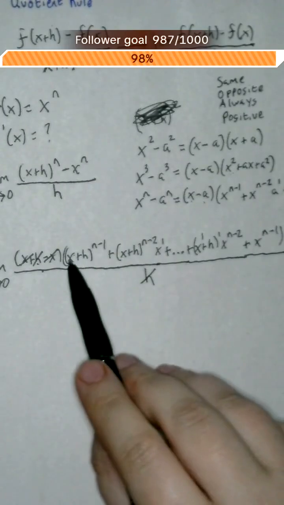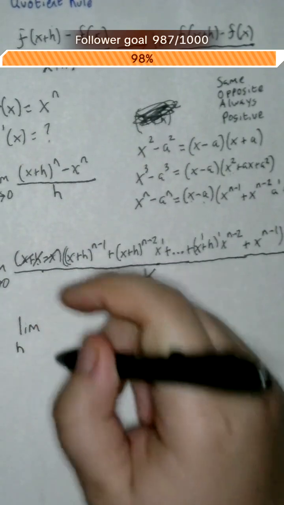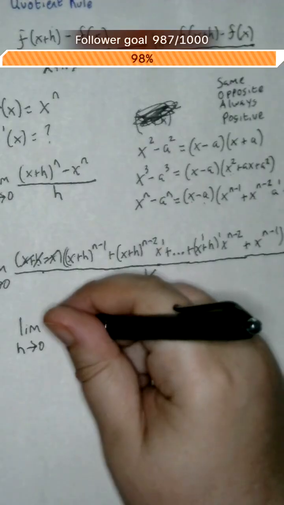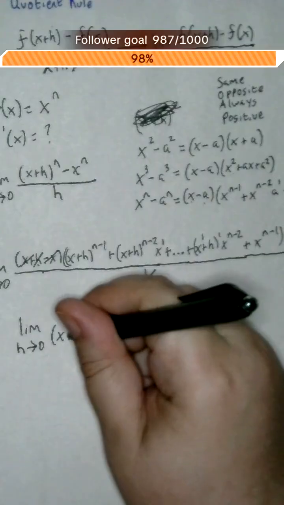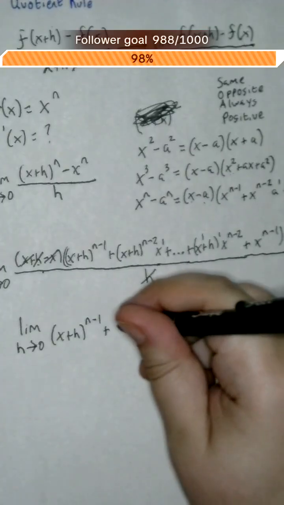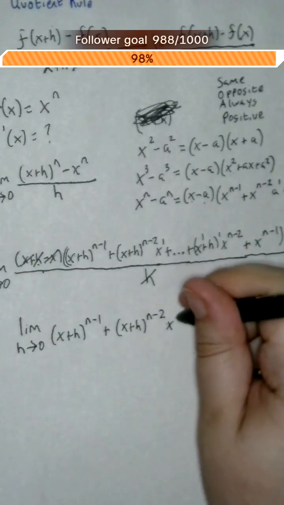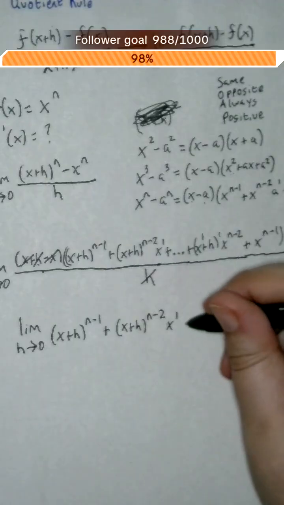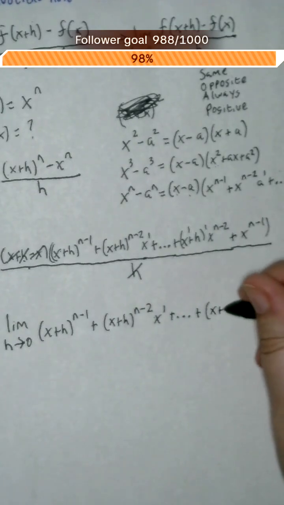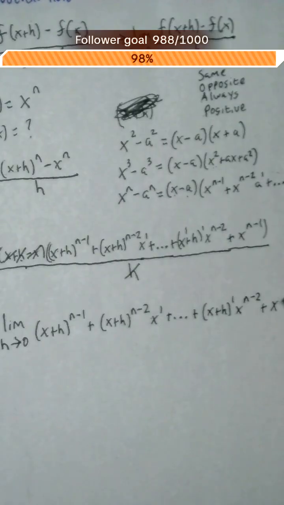Now all I'm left with is this: the limit as h approaches 0 of x plus h to the n minus 1, plus x plus h to the n minus 2 times x to the first, plus dot dot dot, plus x plus h to the first times x to the n minus 2, plus x to the n minus 1.